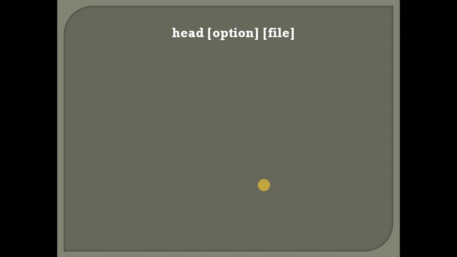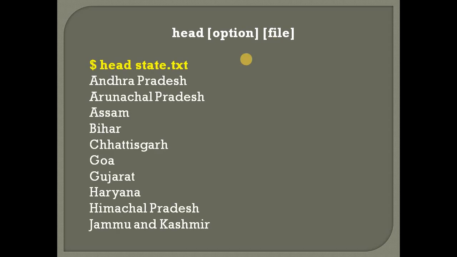Here we can see the syntax of the head command. Head command, if you want to give any options, we can give the options and the file name of which you want to see the first 10 records. So for example, here I have used head and state.txt.